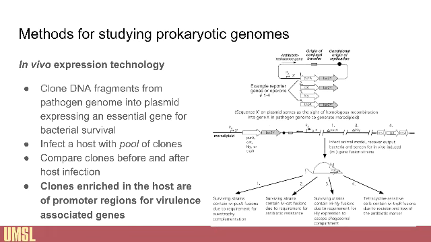After 3 days of infection with this pool, I would sacrifice these mice, pull out their intestines and spleens, grind them up, plate them out, isolate individual colonies, pick all of those colonies, and sequence what promoter fragments are present in these clones that survive. Because if they survived in the mouse, it means that those genes were active and turned on in the mouse.